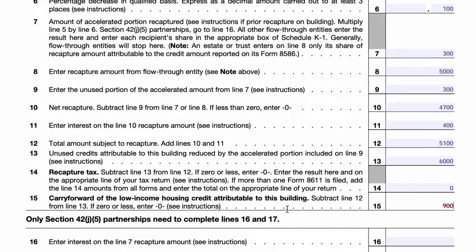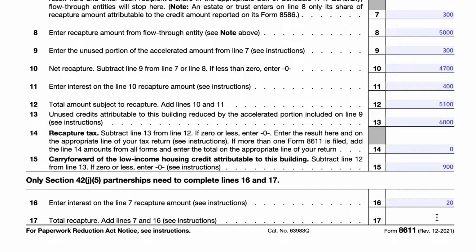Now, if you were a Section 42(j)(5) partnership, you skip all of this, you take this $300 right down to here, and then you would calculate the interest on the $300. So let's say that was $20 of interest, and then the total recapture would be $320, and then you would report that in the partnership return. That does not flow through to the shareholders or partners.